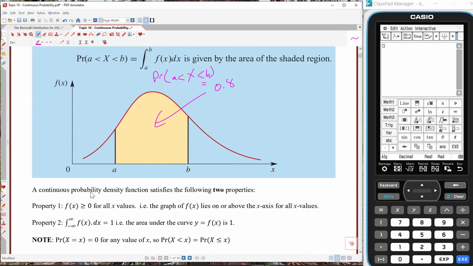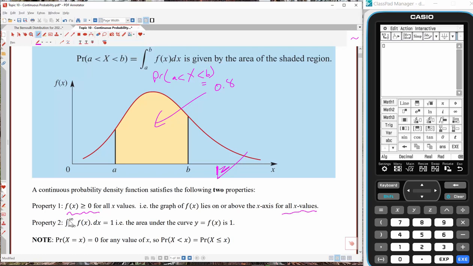All right, so a continuous probability density function satisfies the following two properties: that f of x is greater than or equal to 0 for all x values, i.e. the graph of f of x lies on or above the x-axis for all x values. So we don't get that issue of a density function having stuff down here, okay? It doesn't work like that.